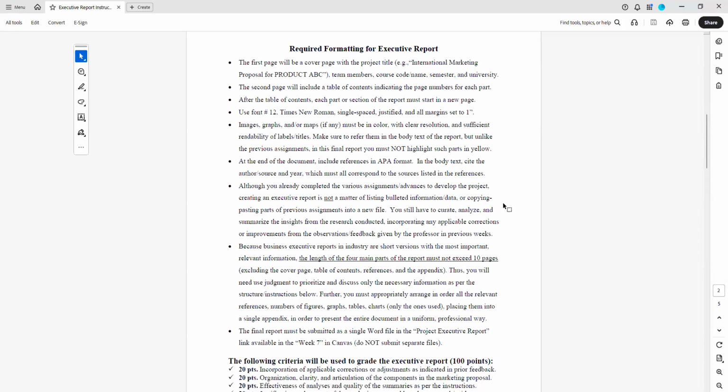But I want to stress this part in the middle, this bullet that says that although you have already completed these assignments in the course, this executive report is not just a matter of putting bullets with data or copy and pasting the information into a new file.